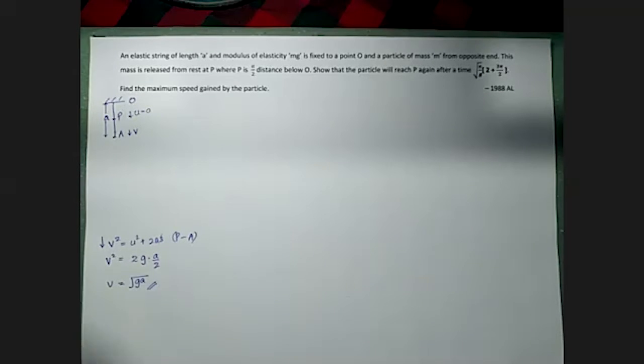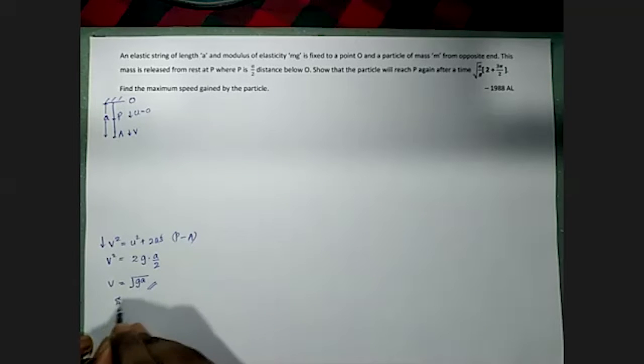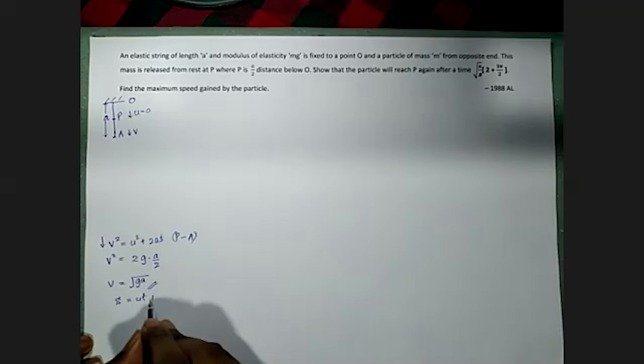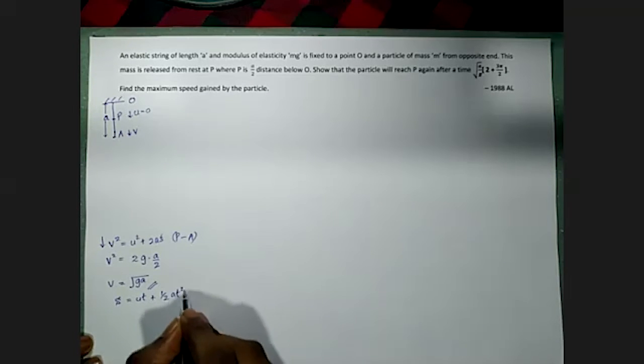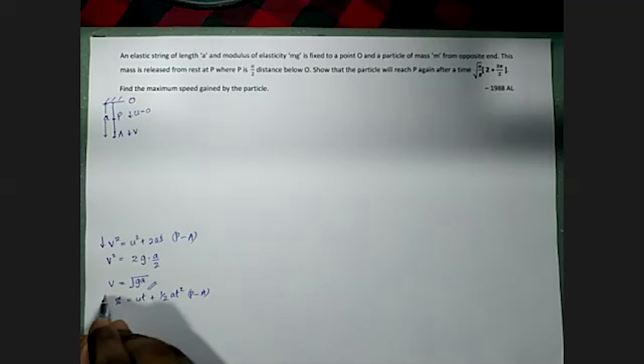Now we can find the time taken for this particle to move from P to A. For that, I can use s equals ut plus half at squared from P to A downwards. Distance moved is a by 2. There is no initial velocity, so this term becomes 0.